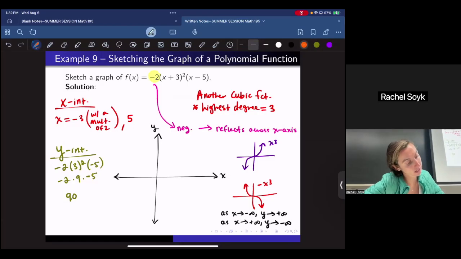We're going to plot in our x-intercepts. And then our y-intercept, I'm going to go up by 10s: 10, 20, 30, 40, 60, 70, 80, 90.